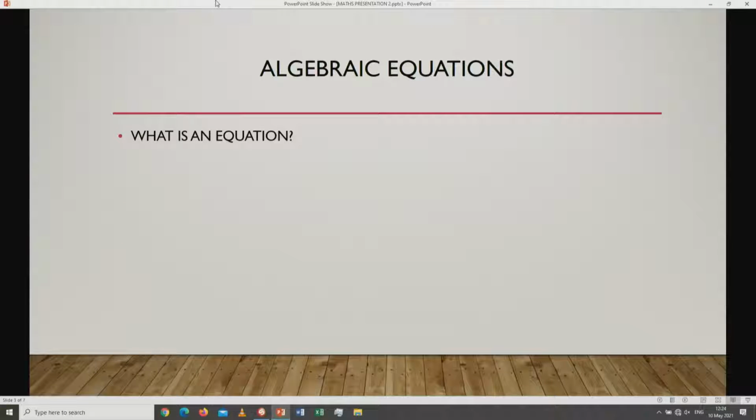What is an equation? First thing, we need to ask ourselves what an equation is, so that we can understand what we are talking about. In simple terms, we say an equation is the formal word for a number sentence. So we are getting away from number sentences. Now we are getting to the new word, which is an equation.